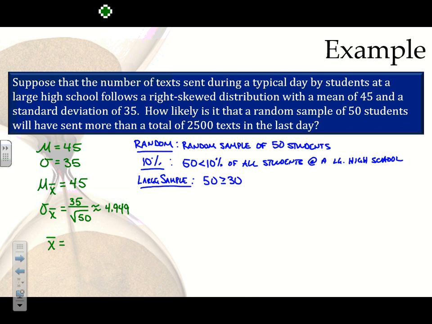They're saying that in a group of students, generally, there are 45 texts sent per day per student. Now what we're asking is, how likely is it that in our sample of 50 students, more than a total of 2,500 texts were sent in that day?